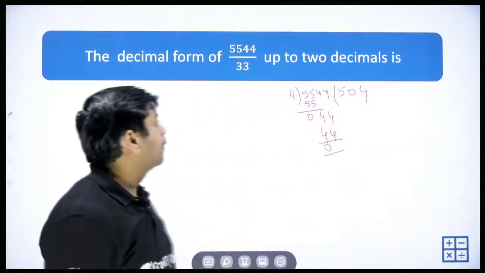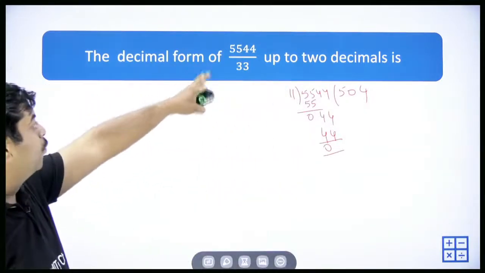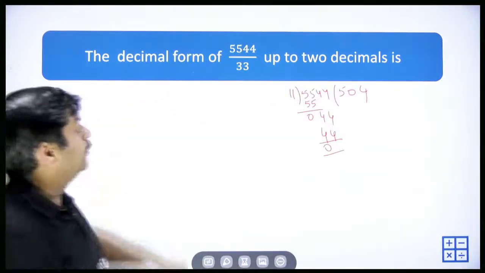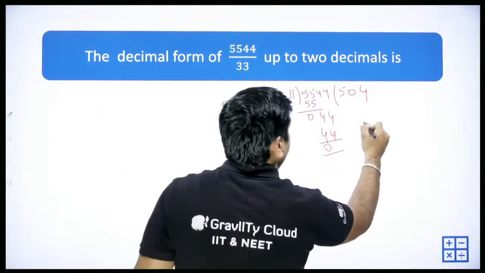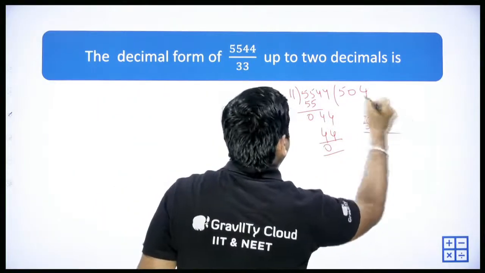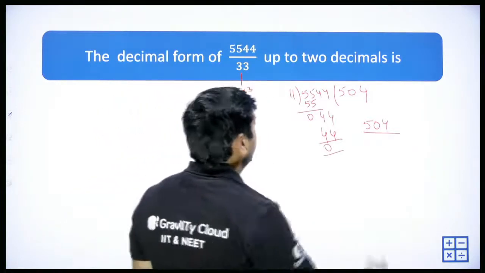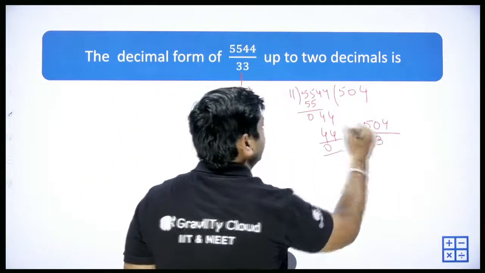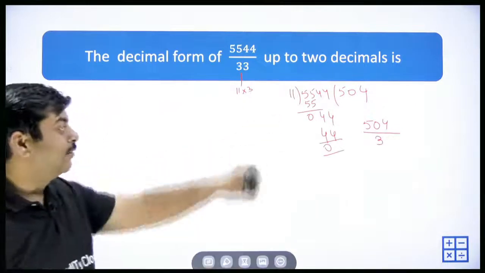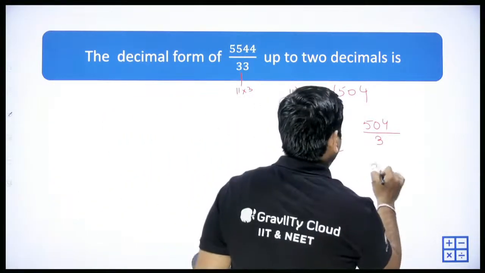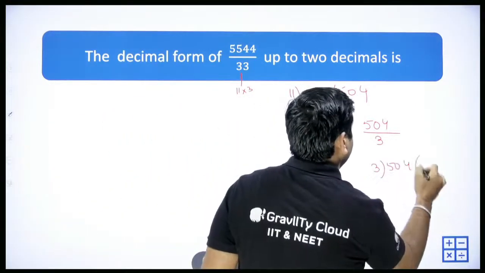So here, what to do? 5544 by 33 up to 2 decimals. With 11, it is 504. 504 by 33, you can write as 11 into 3. With 11 I am dividing, so I am left with 3 and 504.